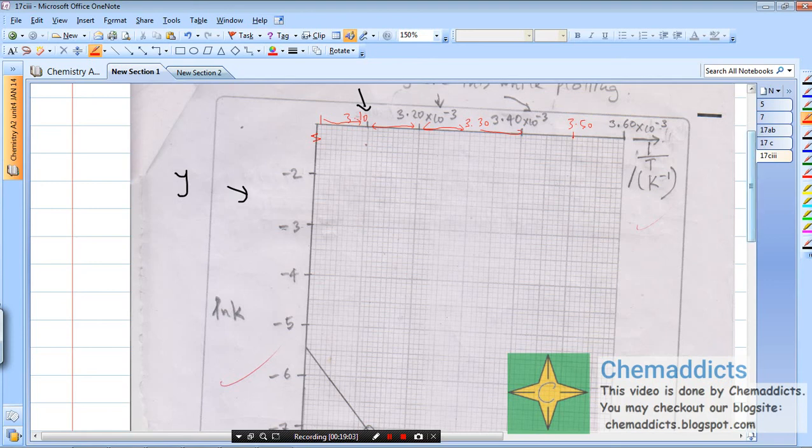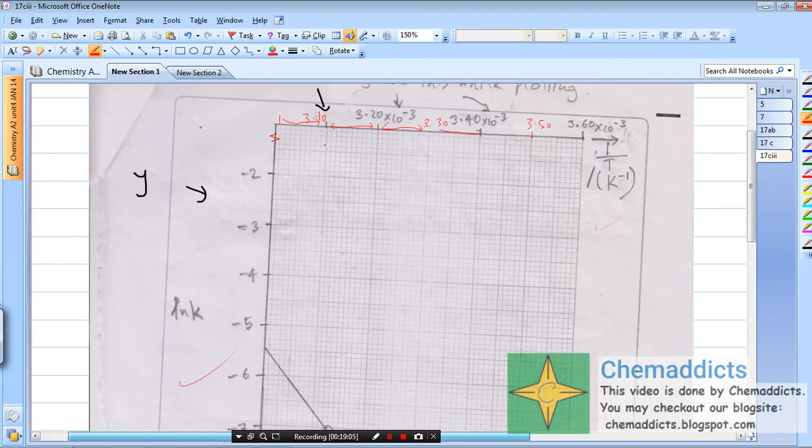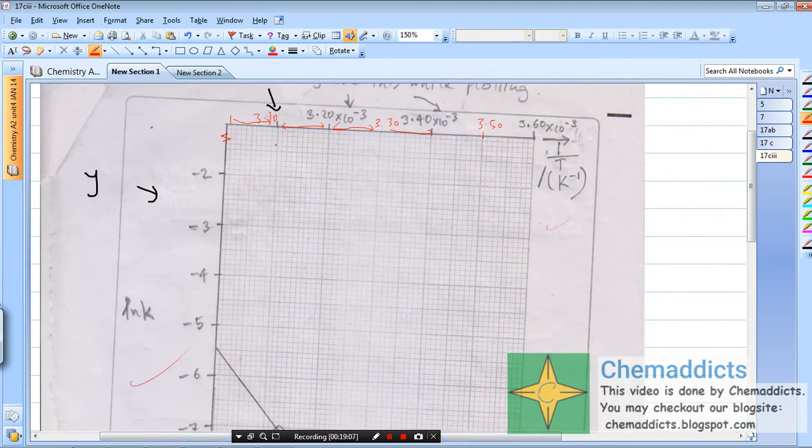So let us write it here. On the x-axis, 10 boxes represent 0.1. We are just ignoring the 3 and the 10 to the power minus 3, since 3 is common in all numbers.